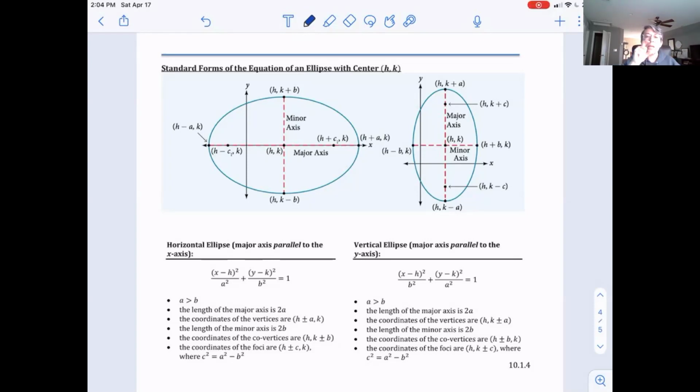Your distance B, whether or not that's on the minor axis is going left or right or up or down. Find your focus. All of this is what we've just done. I just think it's in a more complicated format, and it looks like you're having to memorize a whole bunch of gobbledygook. If you like memorizing gobbledygook, I have presented it for you here. Otherwise, you put a big X through it and just focus on what we've already done.